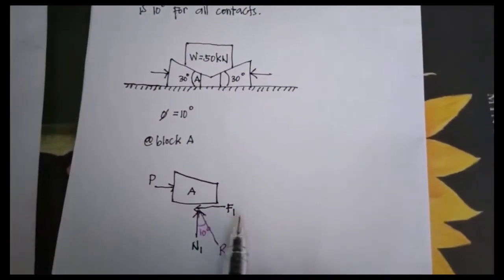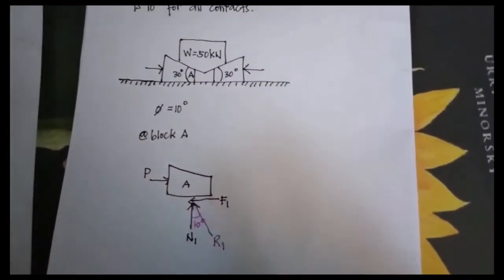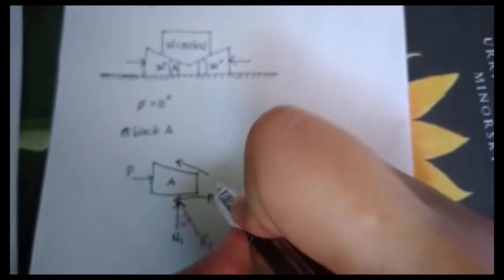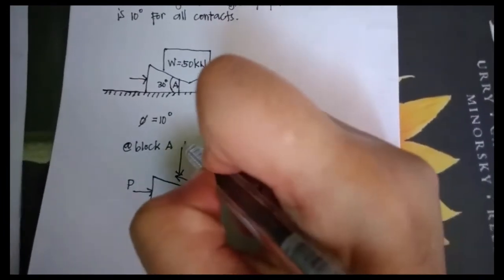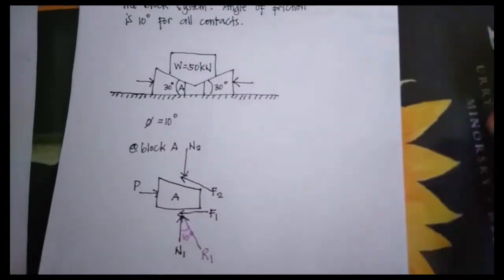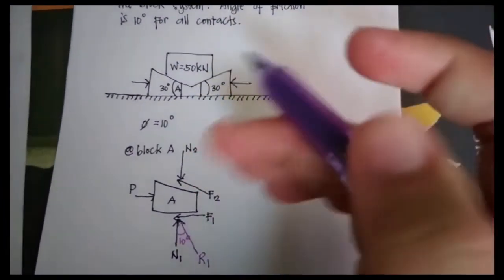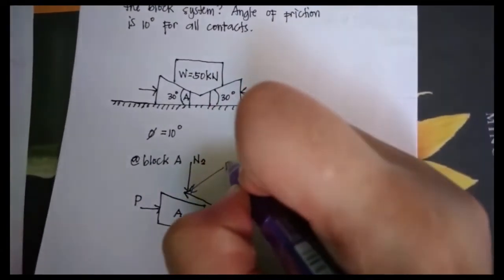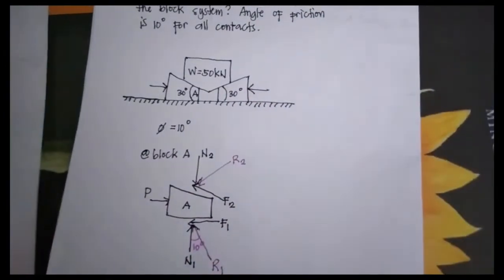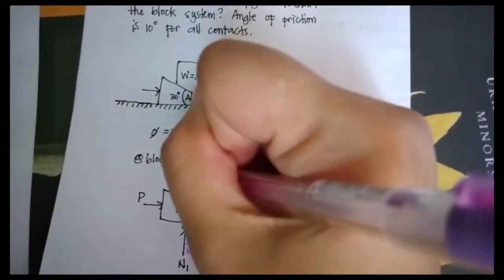So since we have our F1, N1, and R1, we will have here our F2 to the left, with our normal force N2 here, and our resultant will be R sub 2, also with 10 degrees.